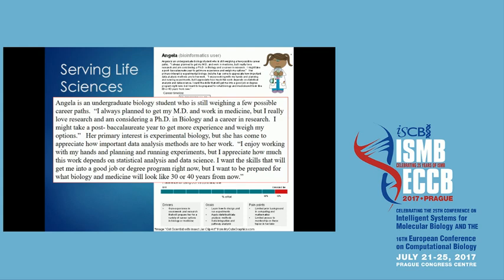She might have entered with the idea that she probably wants to go into medicine, but when she started learning more about biology, she discovered she really loves research. So now maybe she's debating, does she want to do medicine, does she want to do research, does she want to do both? She's largely focused on laboratory science, largely wants to be a wet lab scientist, but she understands that she needs to know something about data analysis and bioinformatics, genomics, and so forth to do this.